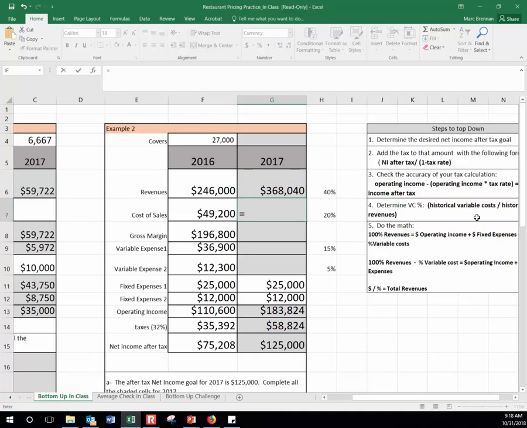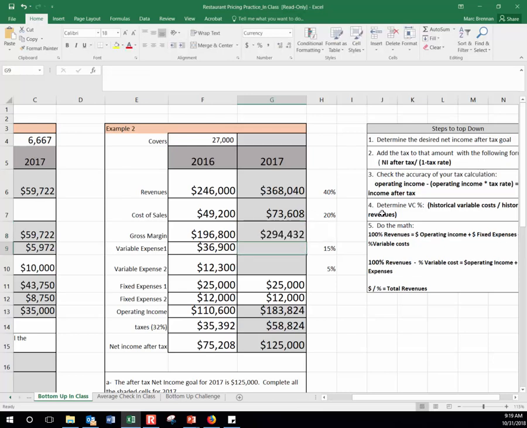So $368,040 is my required revenues, and I need to multiply that by my cost of sales percentage, which is 0.2. To find out my gross margin, that's my gross profit, I can just go my revenues minus my cost of sales.